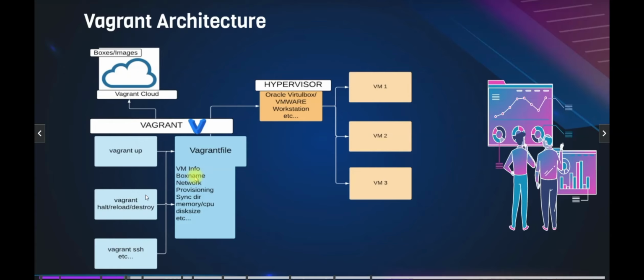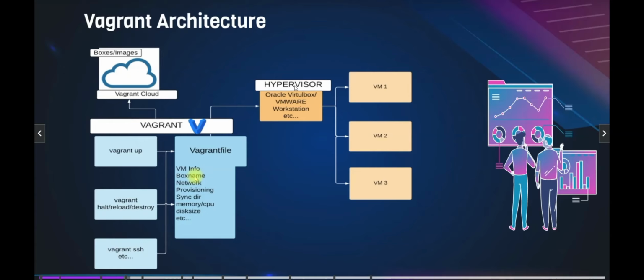Here we have some commands: vagrant up reads the Vagrantfile and all the things, and there is vagrant halt and reload. If you change anything in the Vagrantfile, reload checks the changes and then brings the machine up. So how does Vagrant work? Firstly, with vagrant up, Vagrant reads all the things in the Vagrantfile and then contacts the hypervisor, in our case Oracle VirtualBox.